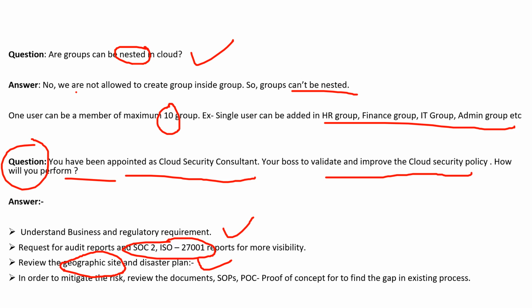So extracting the data requires legal approval, and we should keep such policies in our paper. And for DR, I have made a different video, you can go and visit there. Next point is, in order to mitigate the risk, review the documents. For example, we have SOPs, right? We have proofs of concept to find the gaps in the existing processes.